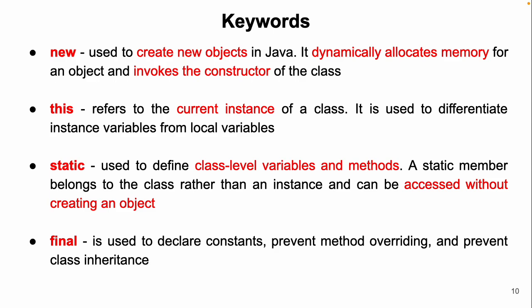As of now you just need to know the definitions of all these keywords: new, this, static and final. Do you have any doubts? We already did some programs using new and this keyword. So today we will see about static and final.